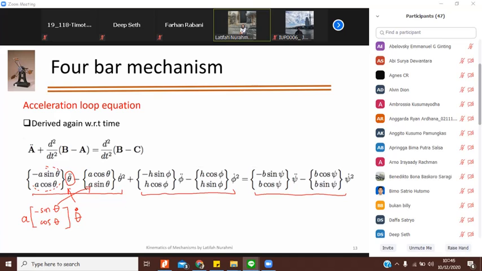Sine theta, you derive it, then it becomes positive cos theta. Then cos theta here, you derive with respect to time, it becomes minus sine theta. So that's why here we have minus. Then you will get 2 theta. So that's why you put it here as a theta double dot.